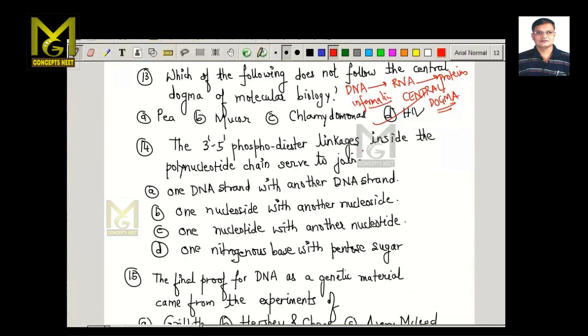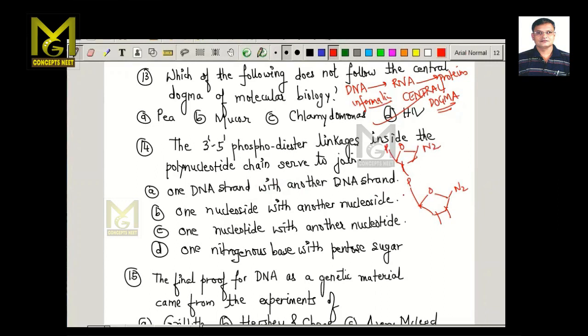3'-5' phosphodiester linkages inside the polynucleotide chain serve to join one DNA strand. Now, if you look at the structure of a nucleotide, we have a nitrogenous base, the sugar molecule, and this is connected to phosphate. Now, this in turn is connected to the second sugar. Again there is a nitrogenous base, and again this is connected to phosphate.